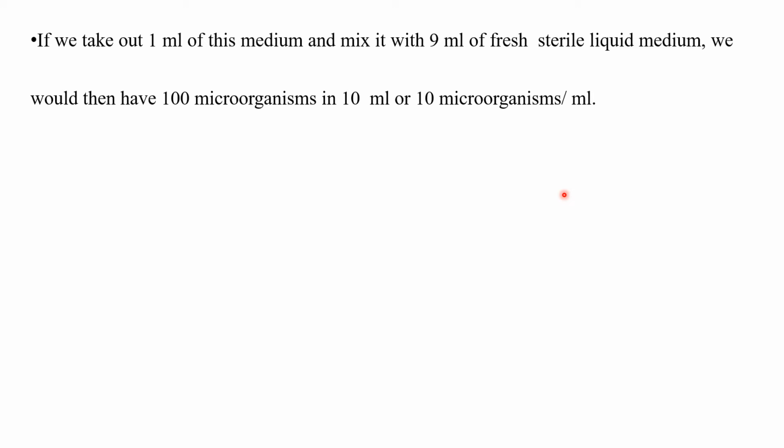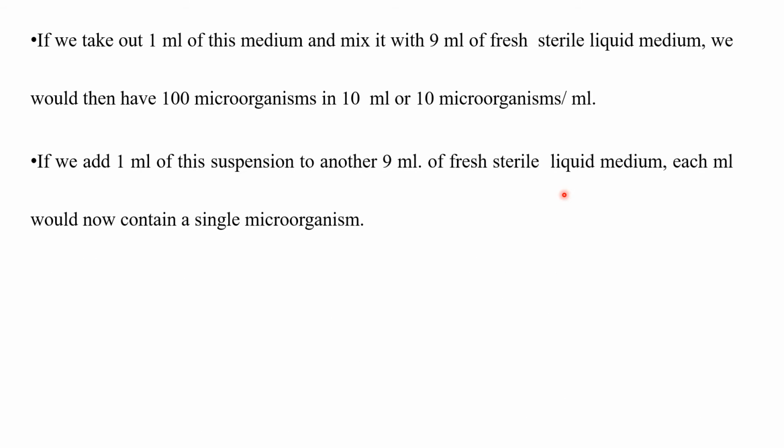So if you take 1 ml of this medium and mix it with 9 ml of fresh sterile liquid medium, we will have 100 microorganisms in 10 ml, or 10 microorganisms per ml. So if we add 1 ml of this suspension into another 9 ml of fresh sterile liquid medium, each ml will consist of a single microorganism.